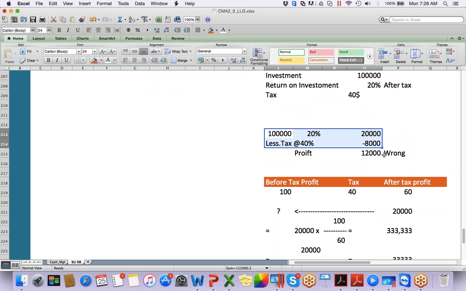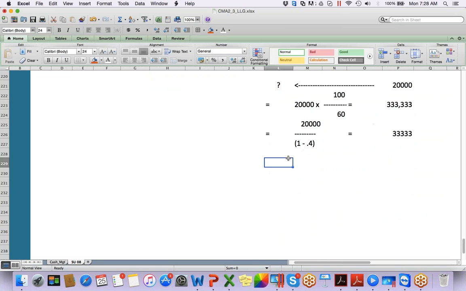Now let us see what is the profit here, before tax profit. Before tax profit is 33,333. Less tax at the rate of 40%.